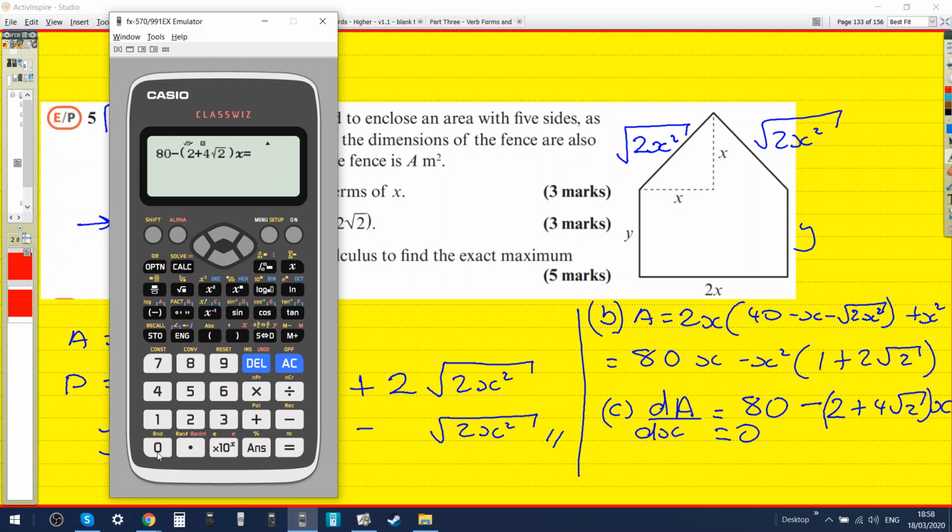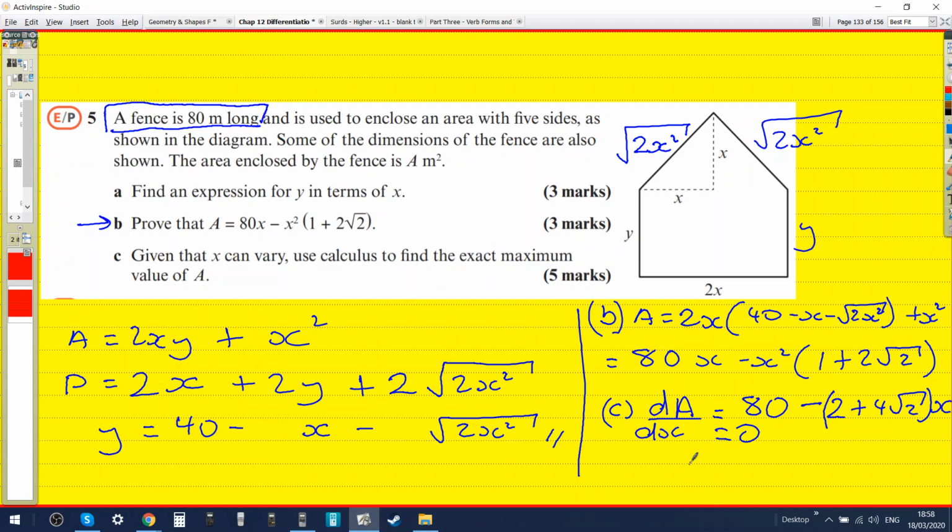I got minus 40 plus 80 root 2 over 7. If you use a calculator, you don't get an exact value. So what was the exact answer? Minus 40 plus 80 root 2, all over 7.